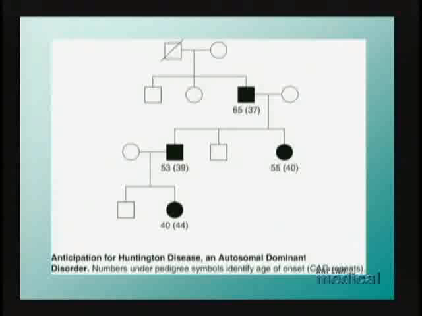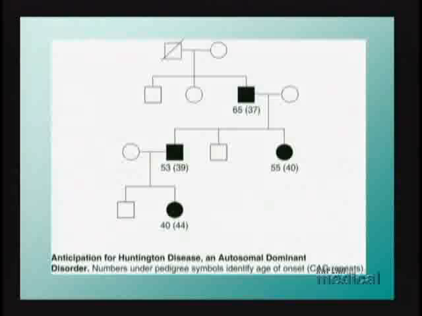The number in parentheses underneath each affected individual shows the number of copies of the particular triplet repeat in these patients. The particular trinucleotide that is repeated in Huntington's disease is CAG. So for example, the male nearest the top originally had 37 of these repeated regions.